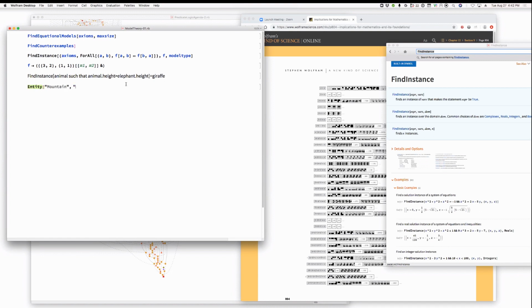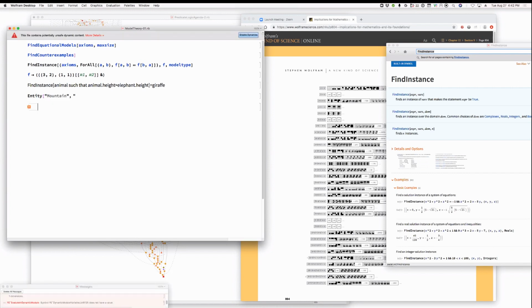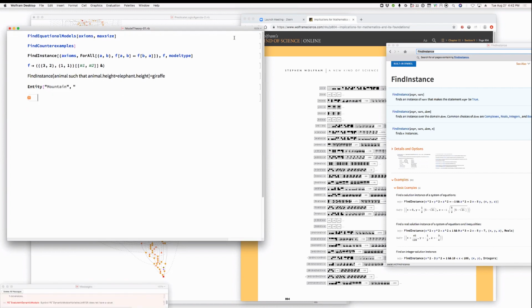elevation, what is the thing for a mountain? I unfortunately have to go fairly soon.